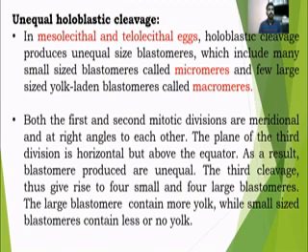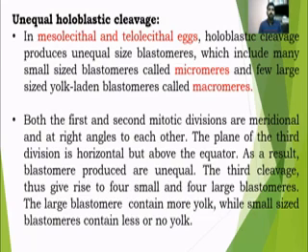So at the animal pole where the cleavage is started, the size of the cells is smaller than the yolk laden blastomeres, means the macromeres.